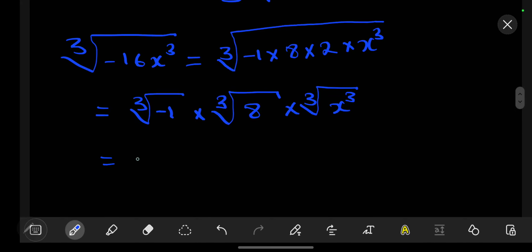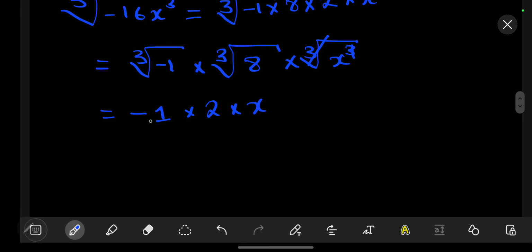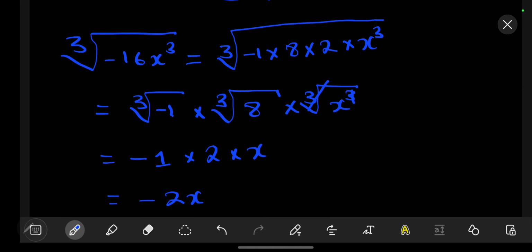The cube root of negative 1 is just negative 1 itself. The cube root of 8 is 2. Since this is the power 3, the power and the cube root will cancel, so we are going to have x there. Finally, negative 1 times 2 times x gives us negative 2x.